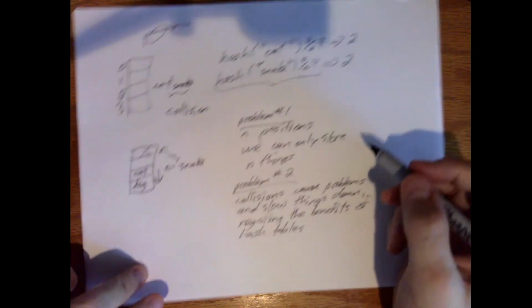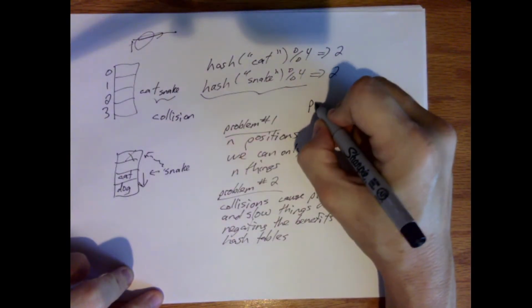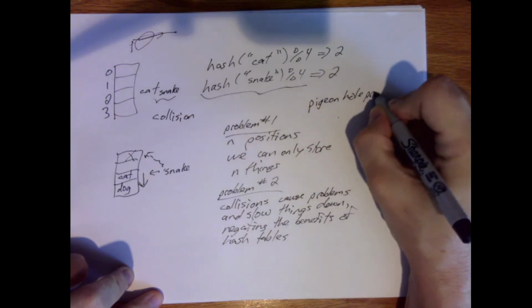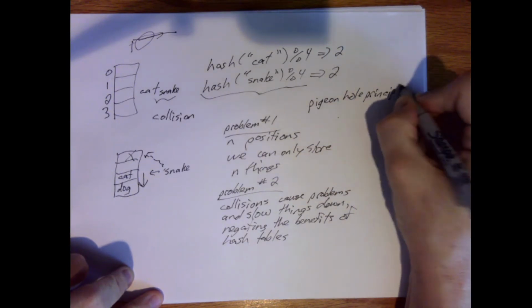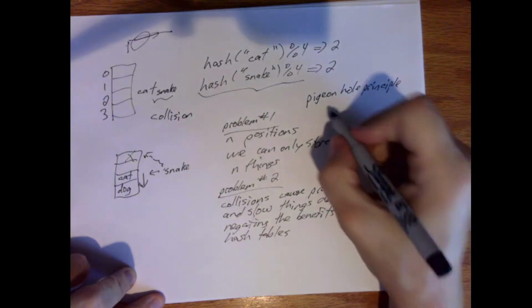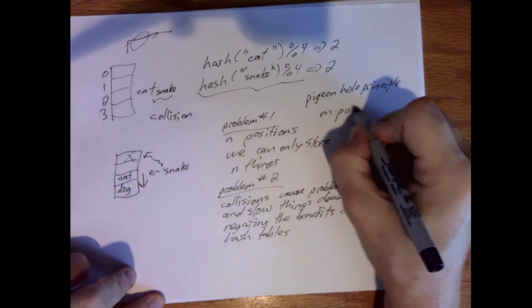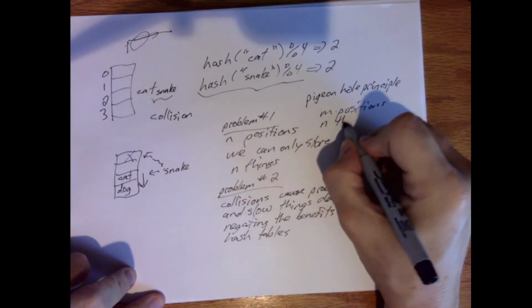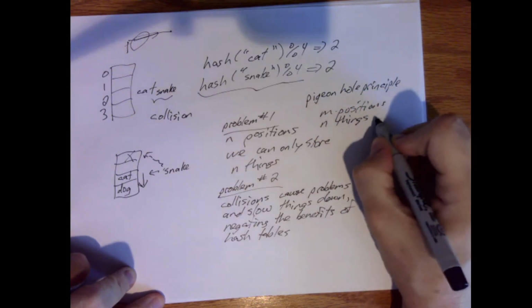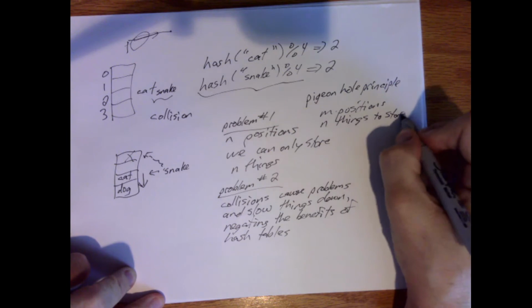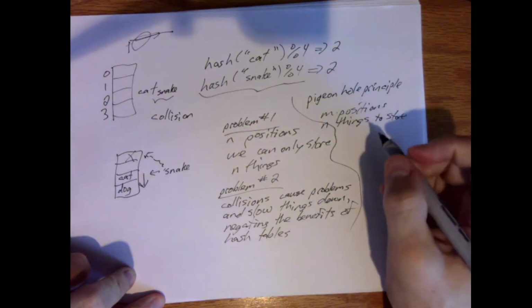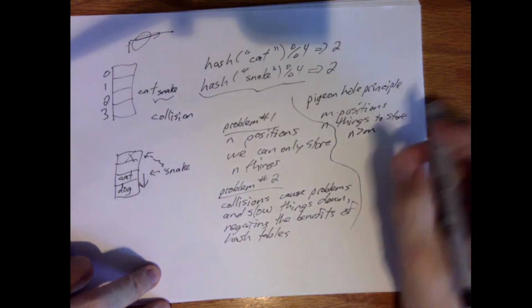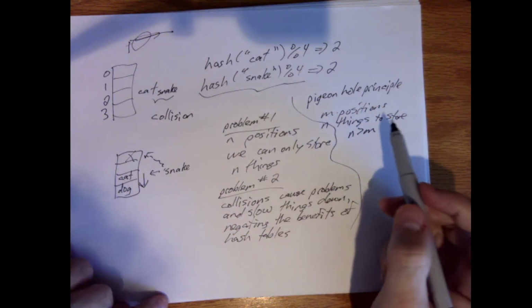In fact, there's something called the pigeonhole principle. It says that if you have M positions and N things to store, and N is greater than M, then you're guaranteed that two things have to go to the same spot.